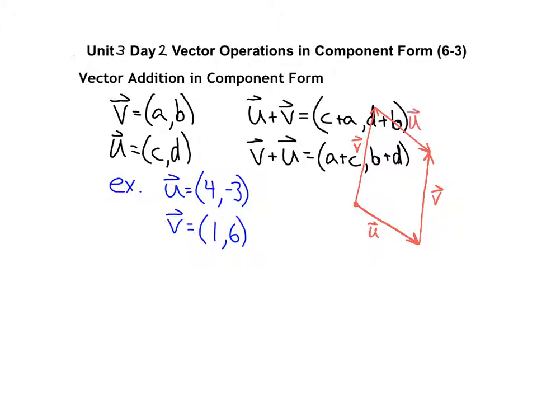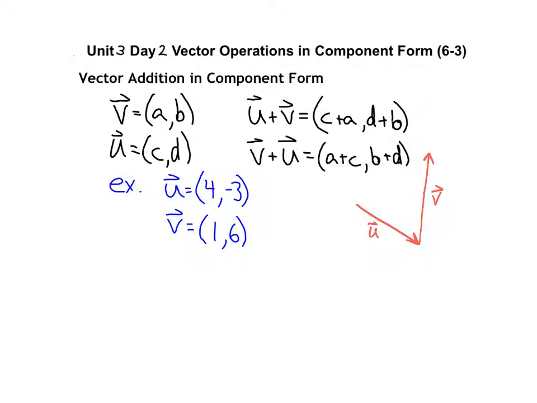I end up with the same result. I end up going from here to here. So my resultant vector is the same whether I do u plus v or v plus u. Vector addition is commutative. We can see that, but let me erase these.